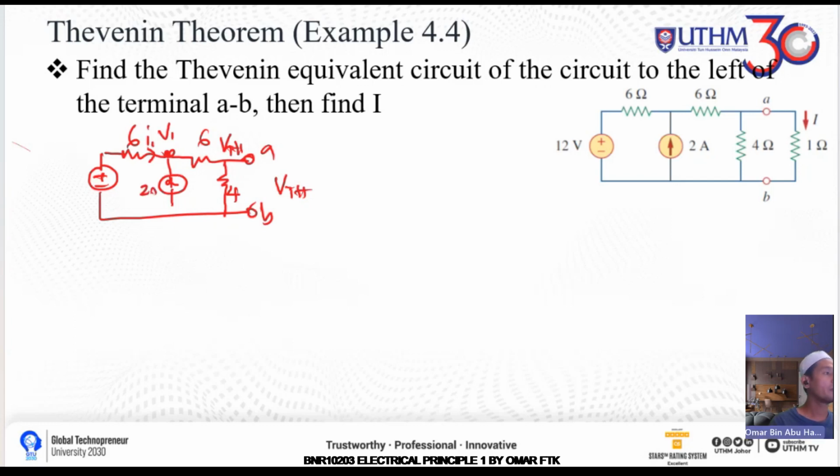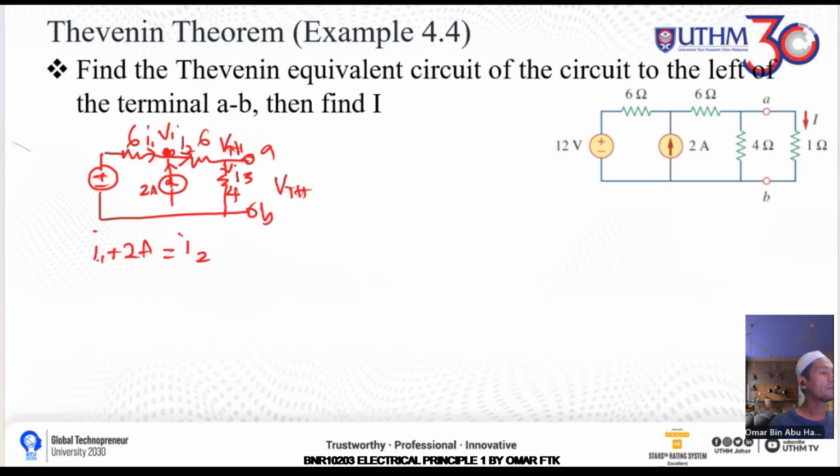So you will have I1. This one is 2A. This one I2, and then you have I3 here passing through the 4 ohm. So for node V1, the KCL, Kirchhoff's current law, will be I1 plus 2A equals I2. Current in equals current out.